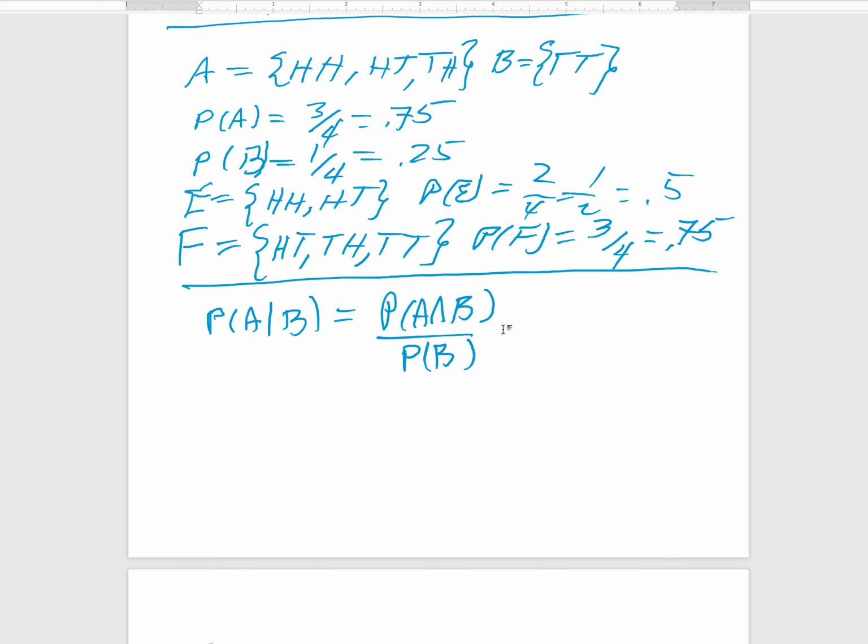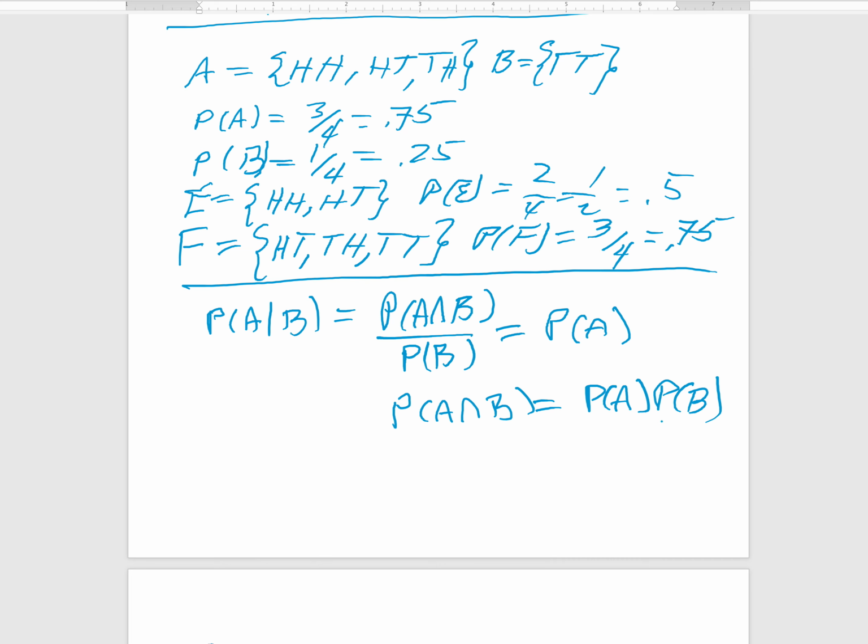I don't know what happened. Let's say if they're independent, the probability of A given B is just the probability of A. Multiply both sides of this by the probability of B, and for independent events, the probability of A and B equals the probability of A times the probability of B.